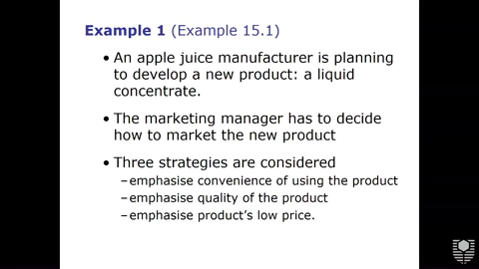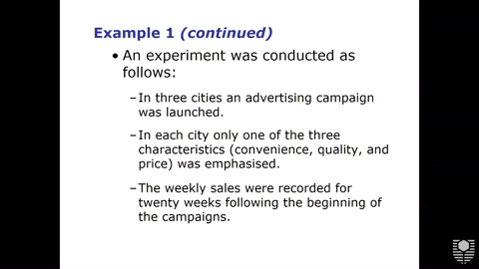They can emphasize the convenience to convince the users of the quality of the product, or they can use the strategy of price, like we can market the new product with a low price, right? These are three different strategies. So for the rest of the question, an experiment was conducted.